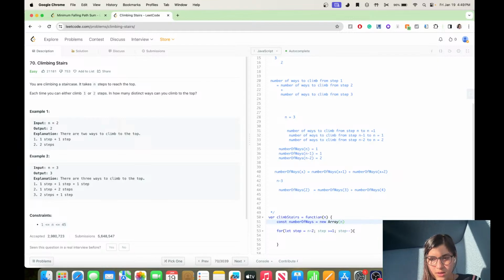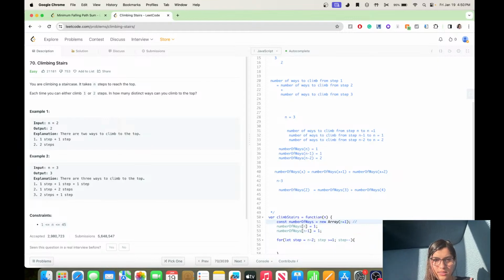new array of length n, because it goes from 1 to n, right? And fill with 0 in the beginning. And I can just say, I don't even need to fill, right? Why do I need to fill? I can just say that number of ways for n, for the last number, because it starts from 0 to, so I'll just say n will be equal to 1, number of ways n minus 1 will be equal to 1.